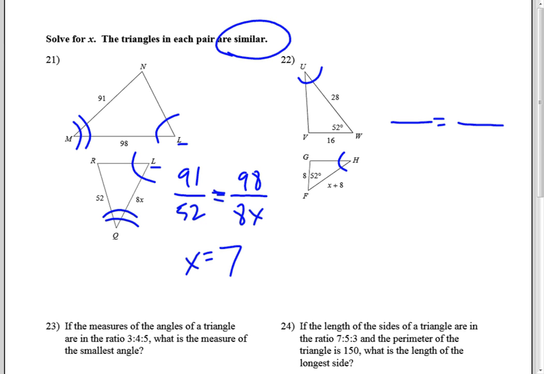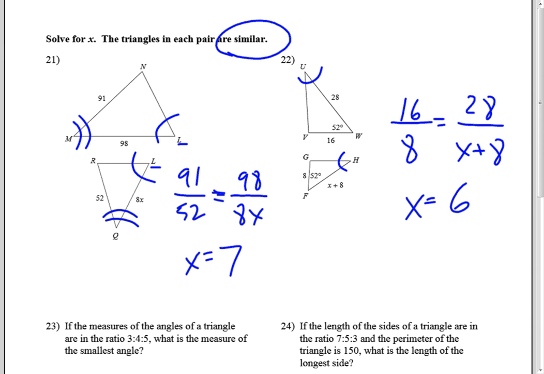Same here. I know the 16 goes with the 8, the 28 with x plus 8. If you're having trouble getting from the proportion to this, come and see me at the end of class or ask a question on Tuesday.